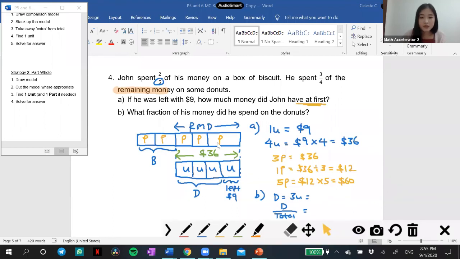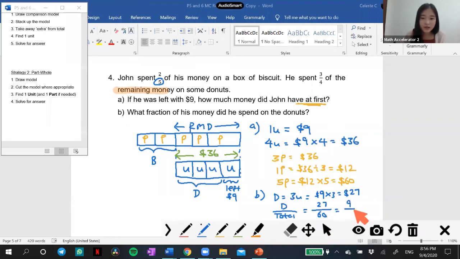Part B. Donuts is in the second layer, which is 3 units. Right? You know that 1 unit is $9. So take $9 times 3 and you will get your $27 for the donuts. Alright? As for the fraction, you have to put 27, which is the amount for the donuts, over the total, which you found in part A, 60. And then you simplify.